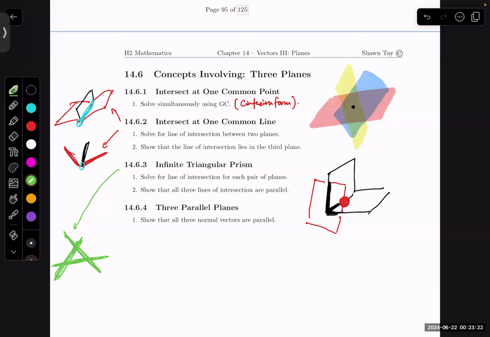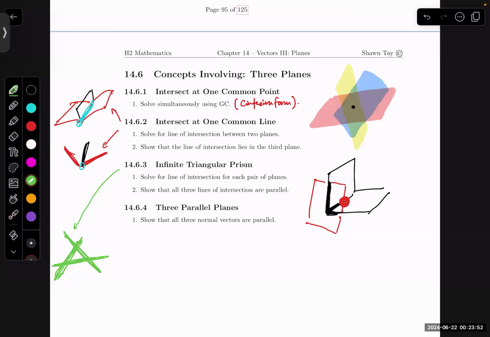So I'm just going to draw like this. Oh man, how to draw? You get the idea. It's very hard to draw. Sorry, from the side view, it's like this.